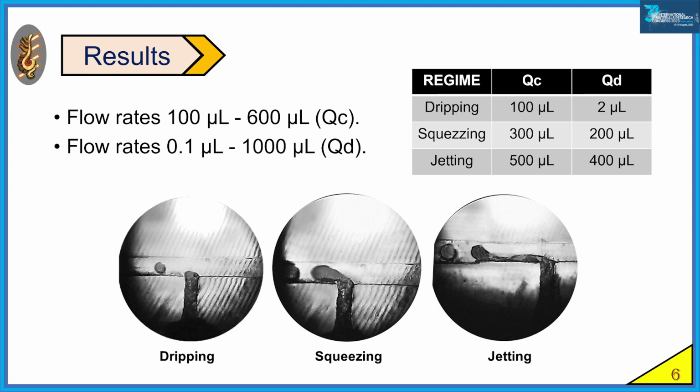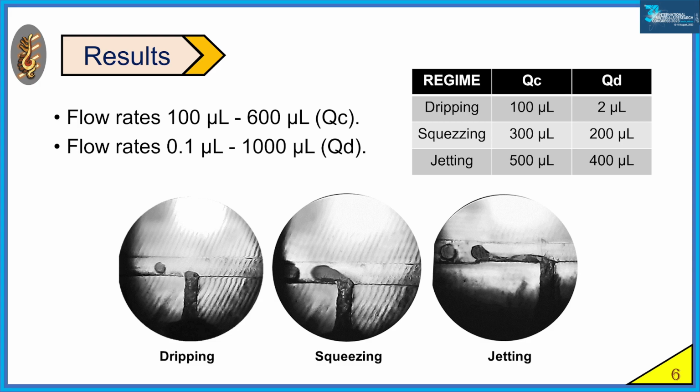Flow rates from 100 microliters to 600 microliters were used for the continuous phase, while flow rates from 0.1 microliters to 1000 microliters were used for the dispersed phase. Different combinations of flow ratio result in different regimens of microparticle generation.